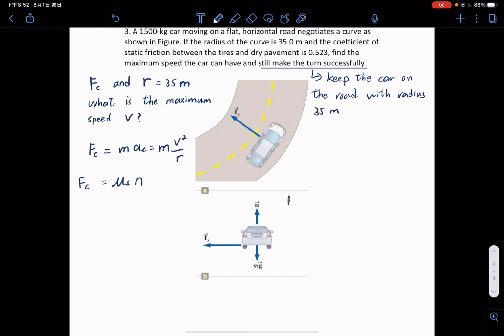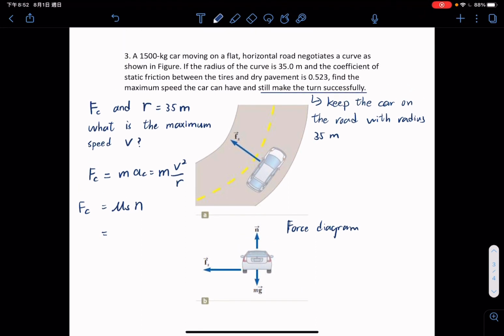And we can see the force diagram here. The normal force is equal to mg. And assume g here is 10 meters per second squared. So we have the FC.